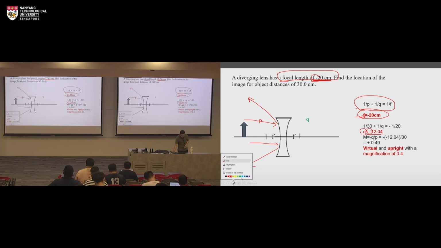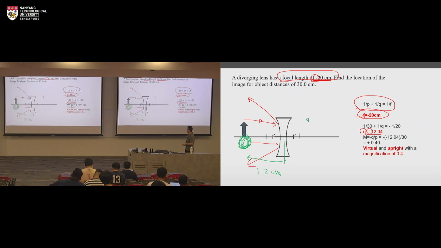It means that your image should be placed 12 cm somewhere here, right? Because it's a negative sign. Q is negative. It means that your Q is in front of your lens. So it's 12 cm in front of your lens, which means it's actually on the same side as your object.